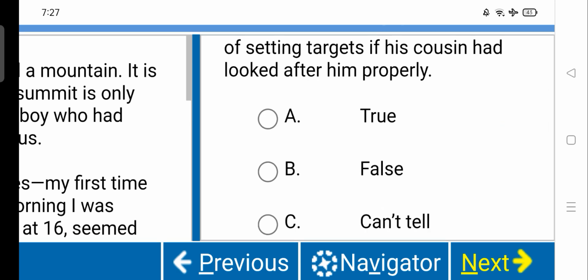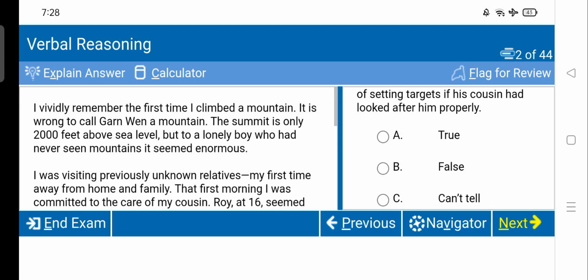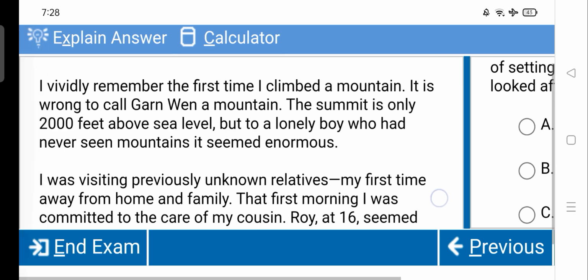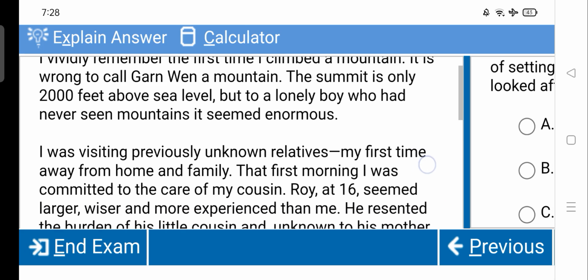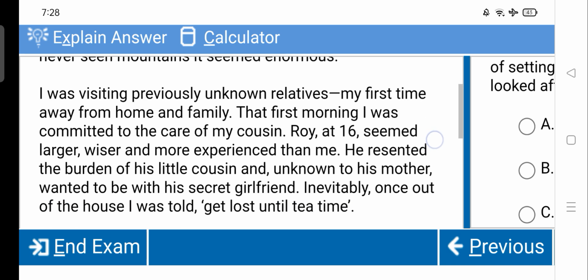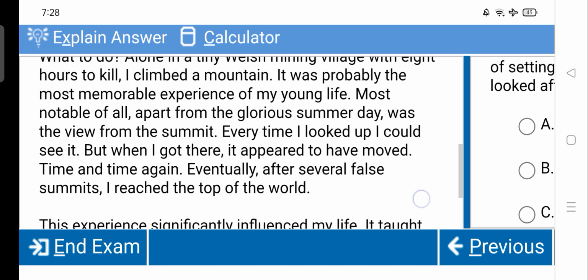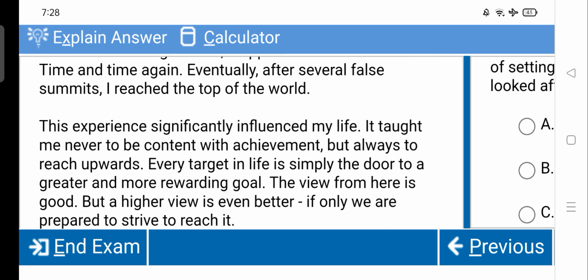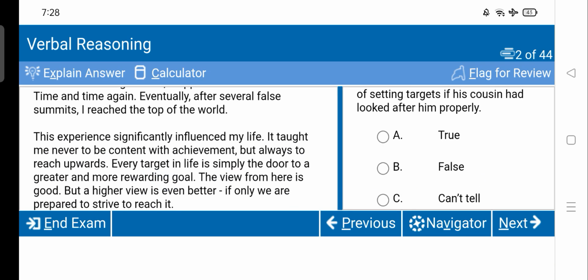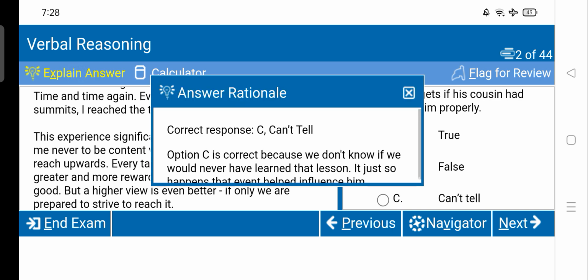Option C, can't tell. This question is also associated with the same passage, the one from the last question, the Roy one, as you can take a look at this passage. Let's see which option is the correct one.